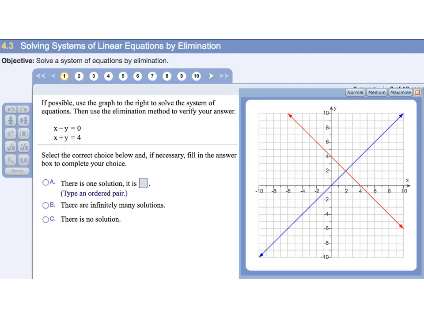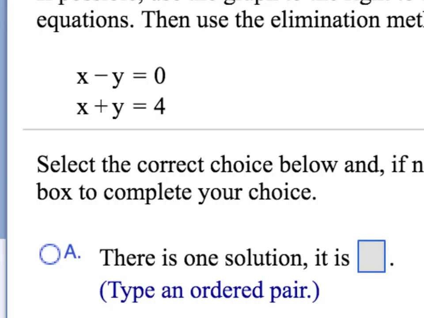So first we're going to look at these two lines, and trust me on this, but the red line is the second equation, x plus y is equal to 4. Actually, you don't have to trust me on this. Here's why. When we zoom in, if we solve for y, this becomes y is equal to negative x plus 4.